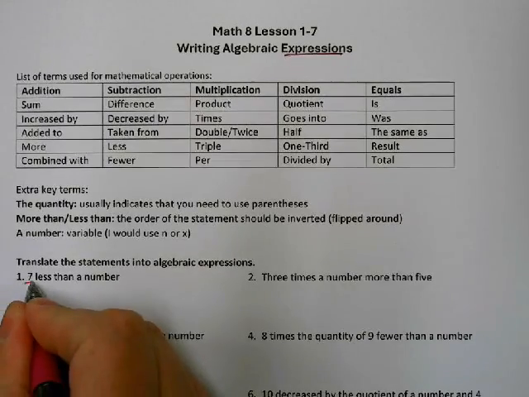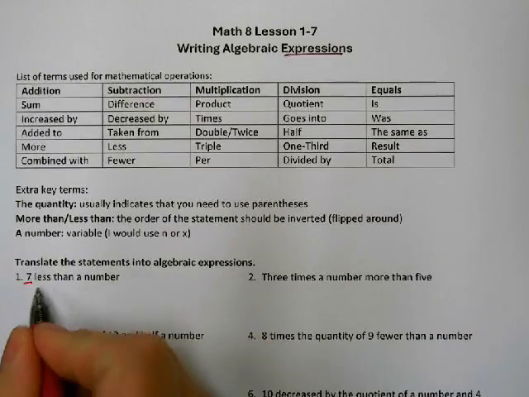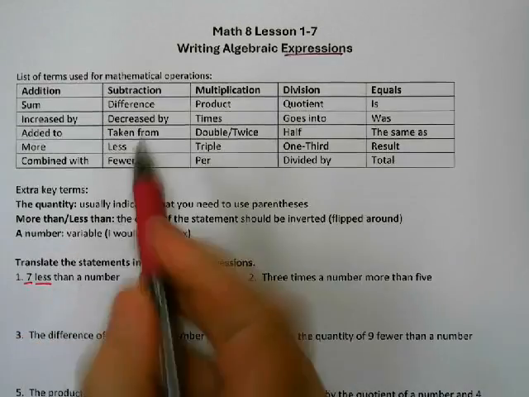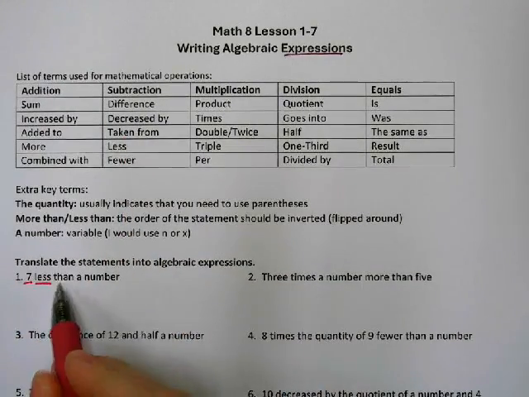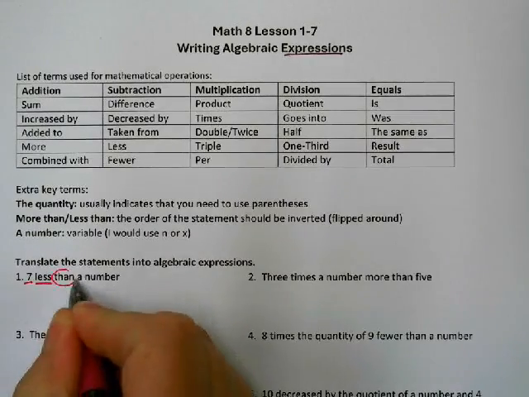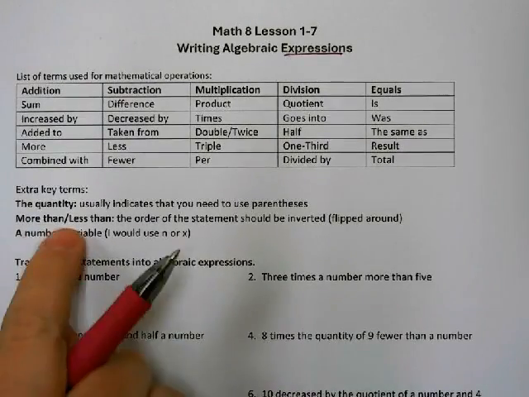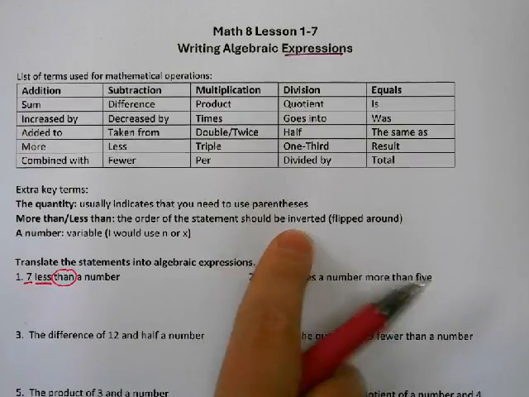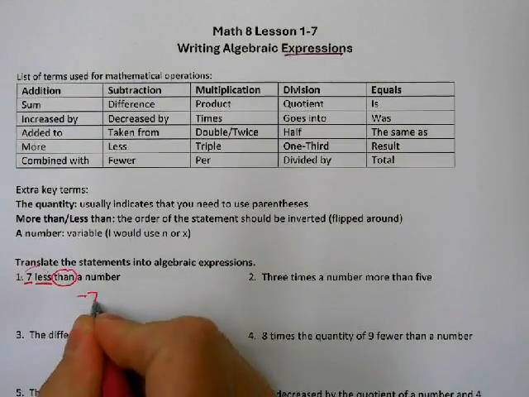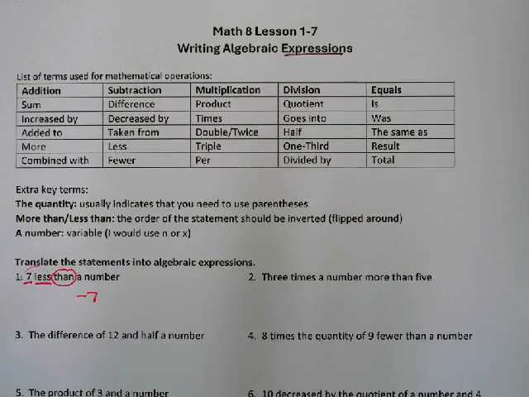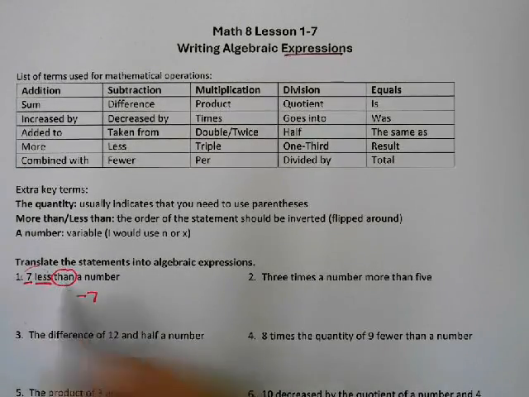So we've got 7. Okay, that's a number. That's good. Less, that's subtraction. So I'm subtracting 7. Than. Ooh, there's a word. Than means we switch the order. So we're going to subtract 7, but at the end of the problem. So that's what the than means.